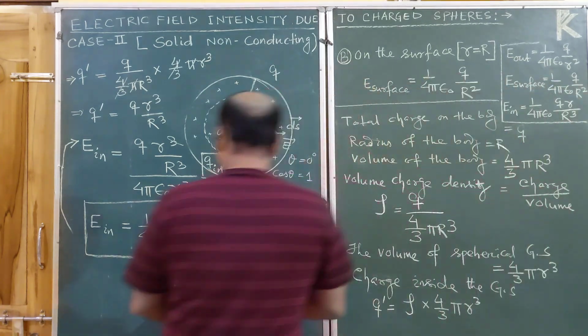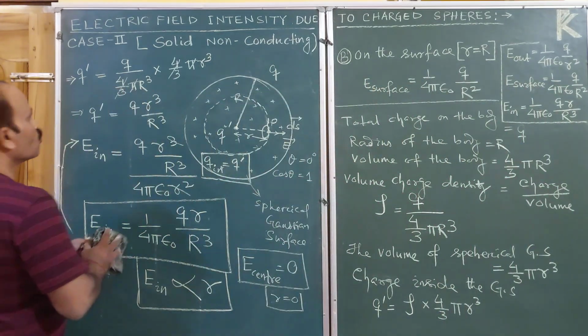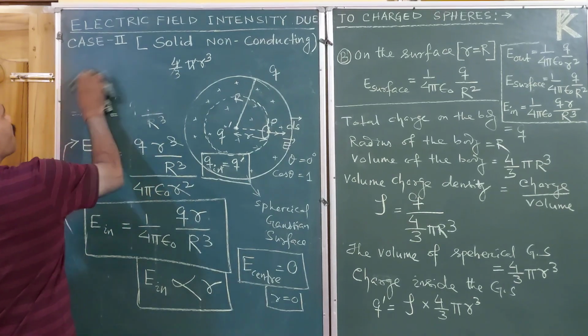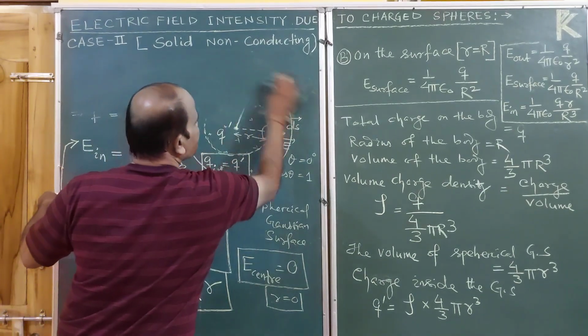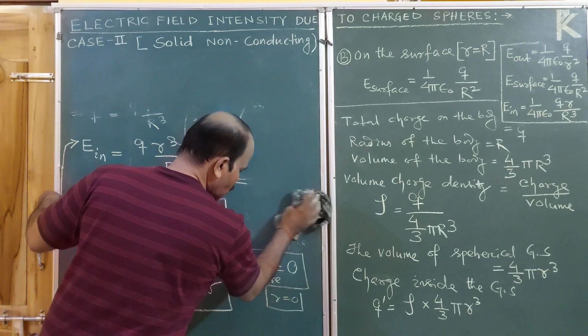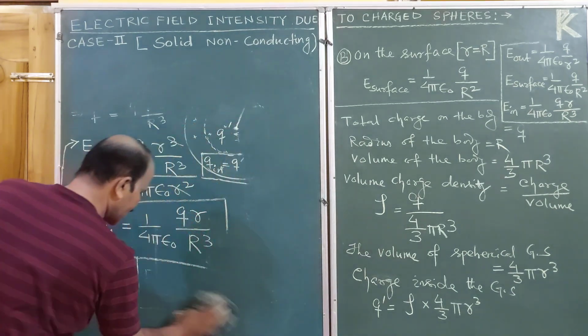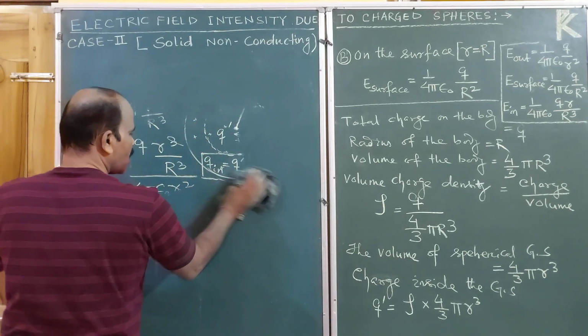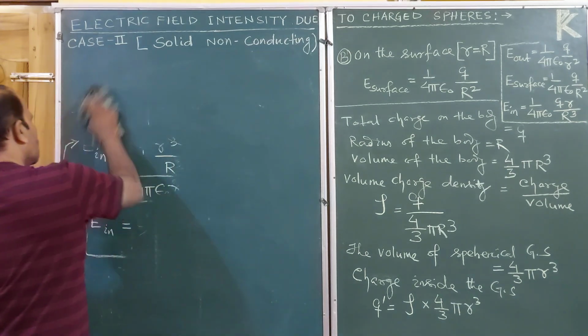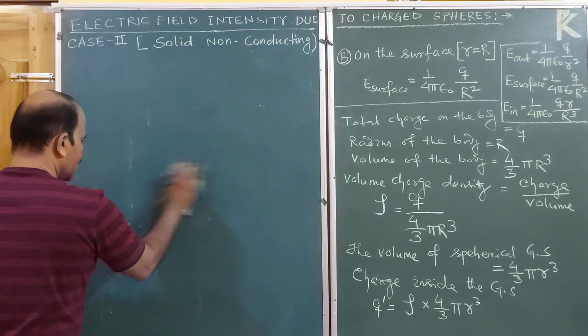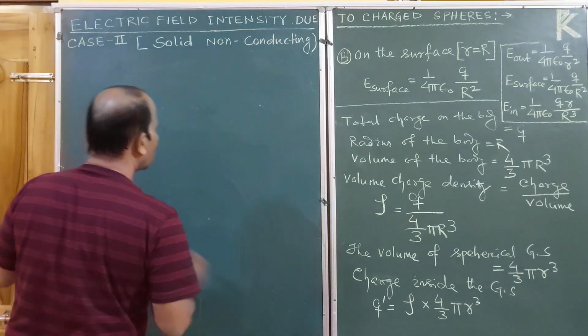Okay. So now finally we are going to plot a graph which explains everything about our discussion, how electric field intensity varies with distance from center to the surface and outside. See carefully.